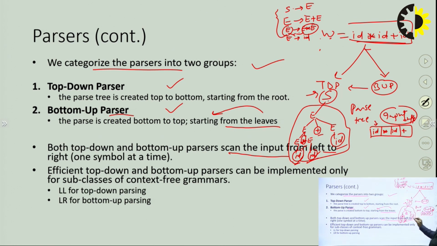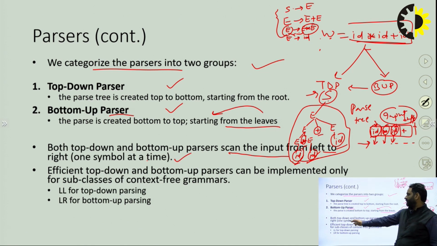In both parsers, we scan from left to right. First we scan this symbol, after that this symbol, then this symbol, and this process continues until we get the end marker of the input string. Generally, we denote the end marker by the $ sign. This is the process that is accomplished in both parsers, whether it is a top-down parser or a bottom-up parser.